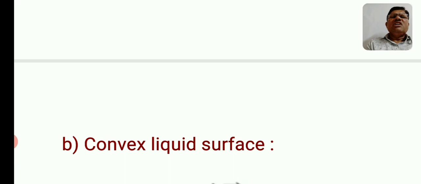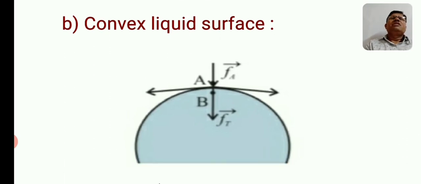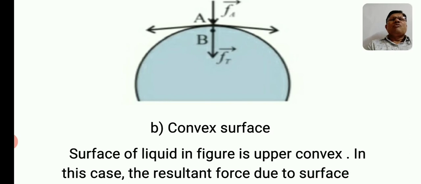Now, second, that is B, the convex liquid surface. See the diagram. There is a spherical liquid surface. Here also point A is just above the liquid surface and point B is just below it. There are also two forces: Fa is the atmospheric force and Ft is the tangential force. From this figure, the surface of the liquid is upper convex.